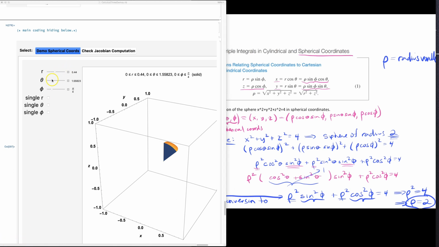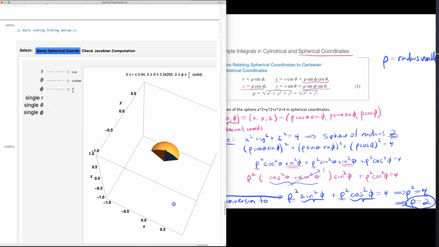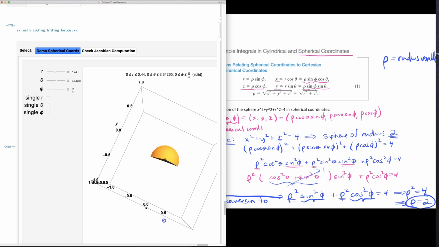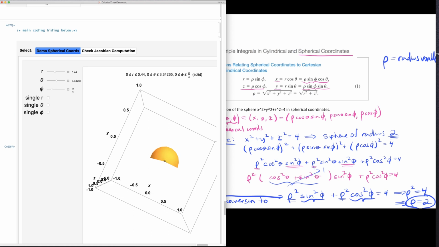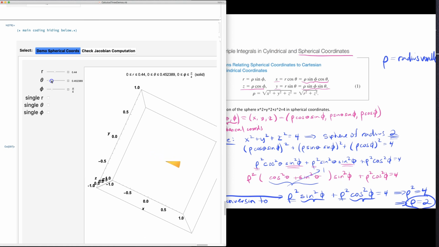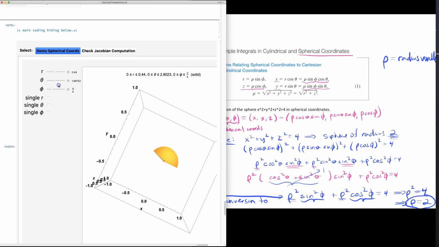So we're looking at the variable theta and trying to figure out what its interpretation is. We can see here that theta is changing, and it's the angle. As it was in cylindrical and polar coordinates, theta is the angle that is measured from the x-axis in the counterclockwise direction. And then we have the variable rho, which is controlling the radius.